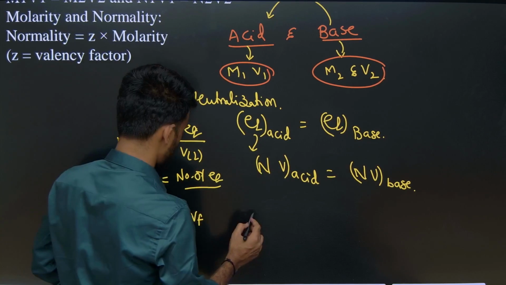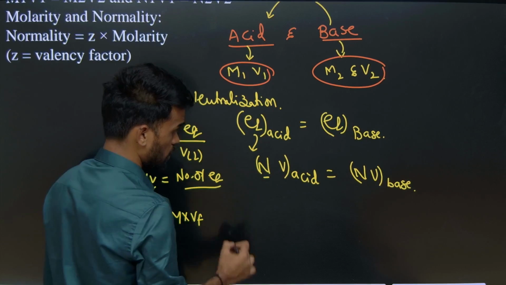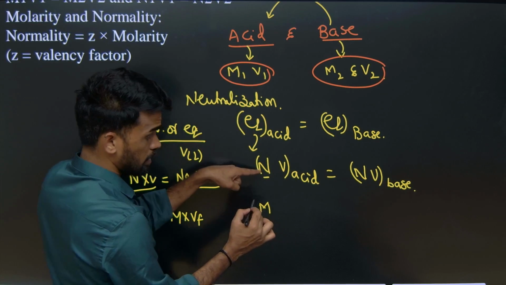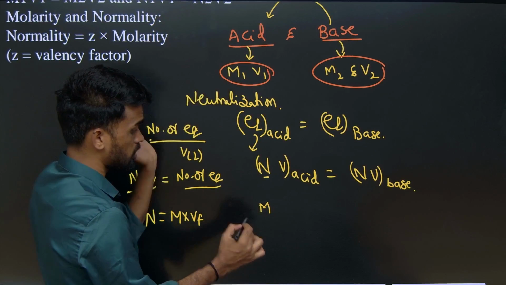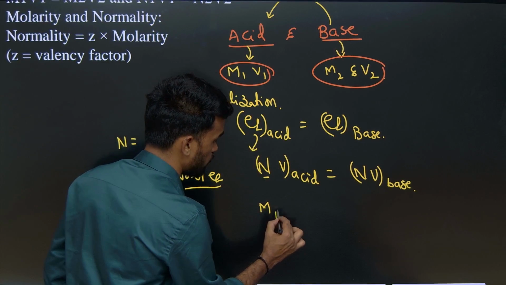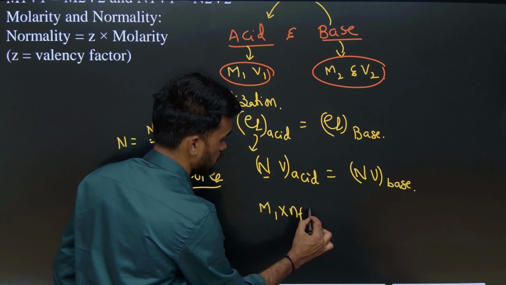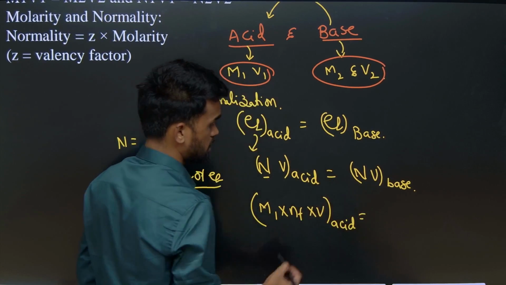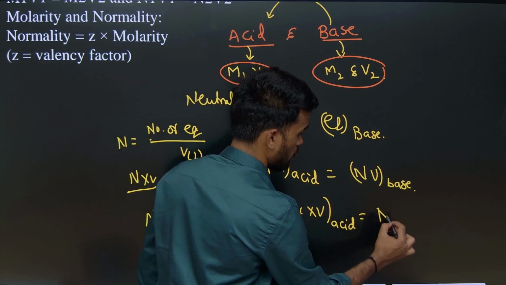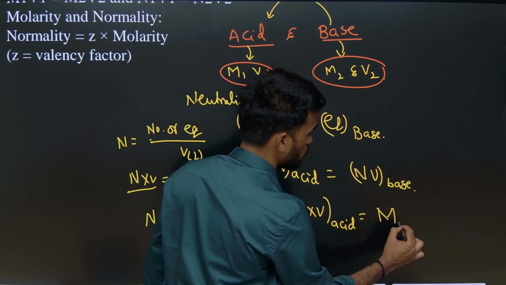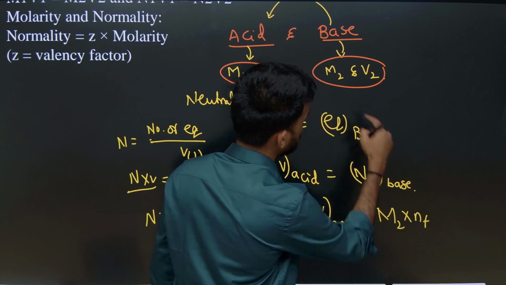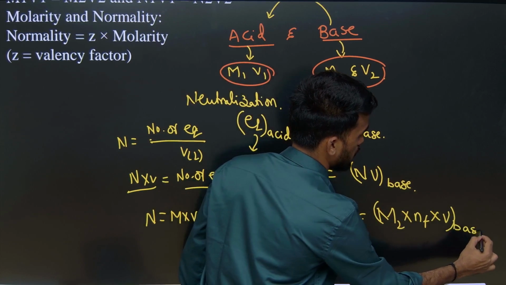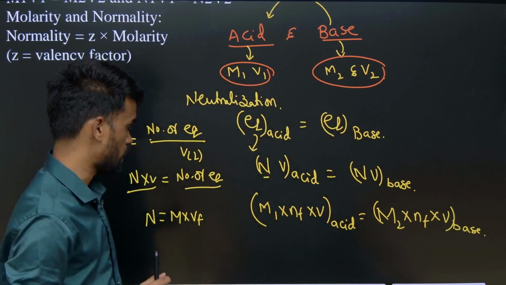So just write M1 into N factor of this acid into volume of this acid, which equals M2 into N factor of this base into volume of this base. You can take it like this. This is how you can write it.